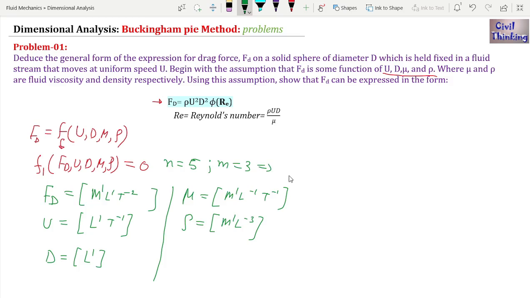So the number of pi terms is equal to n minus m, which is equal to 2. So we have only pi 1 and pi 2. Now we have to find the values of pi 1 and pi 2, and that's it. We will get the drag force equation. So let me erase this first.